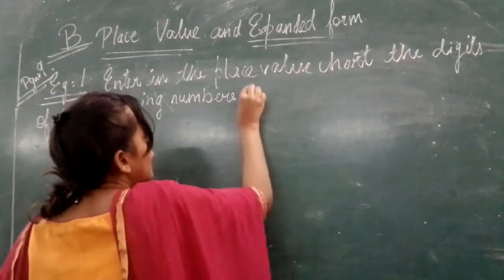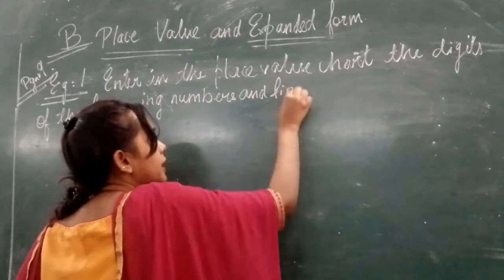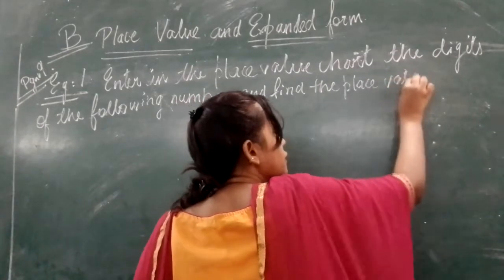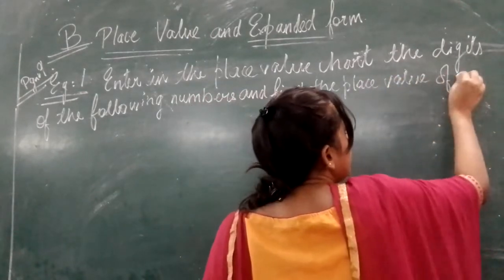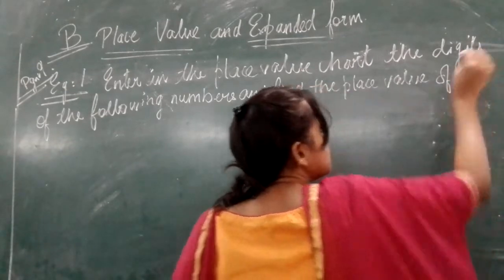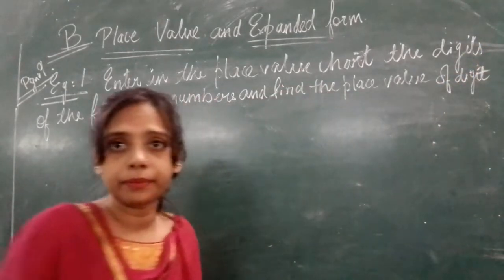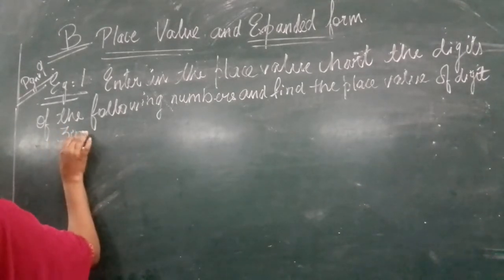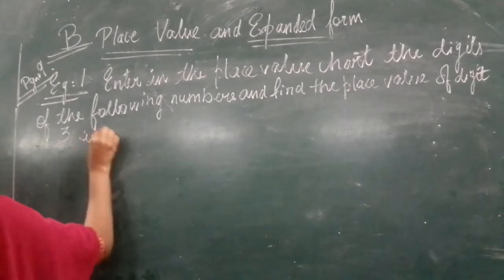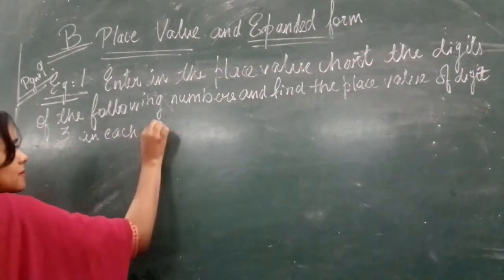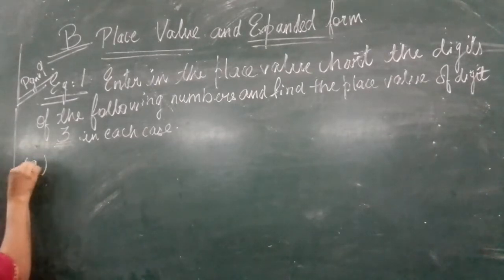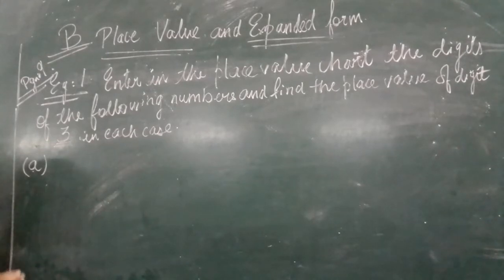Okay, so what are the numbers here? A is 360526.